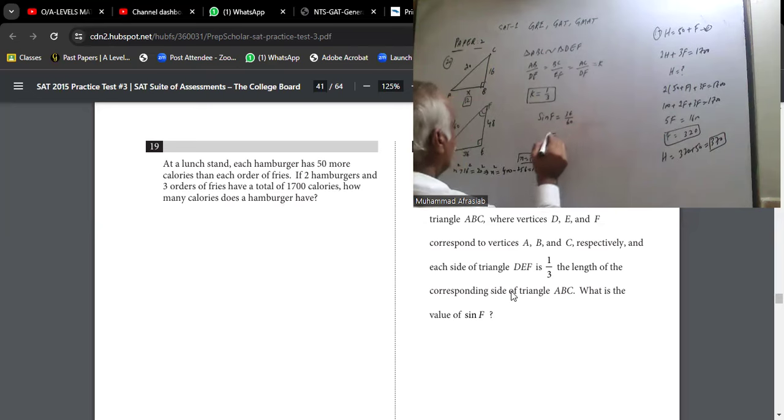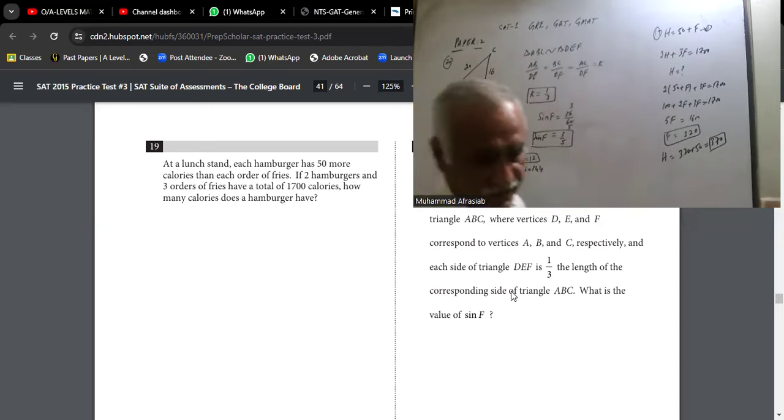That thing is equal to 3/5. So sine of F value is equal to 3/5 for this question there.